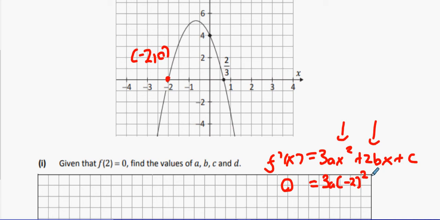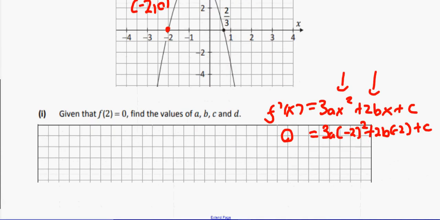Okay, and then it's going to be 2b times minus 2 plus c. Now what other point do I definitely know? I also have the point 0, 4, which is very handy as well. So anytime I put in an x value of 0, 4 will be the y value.